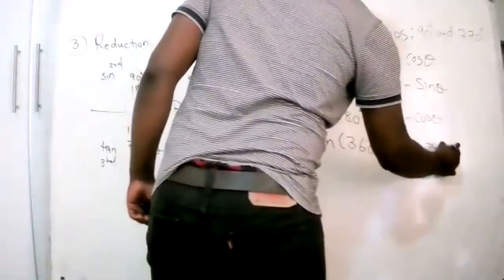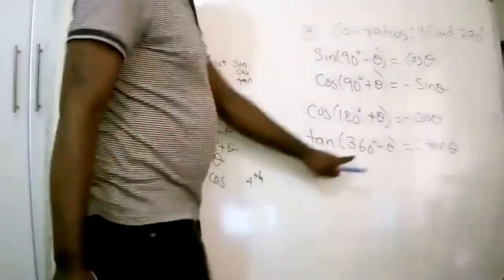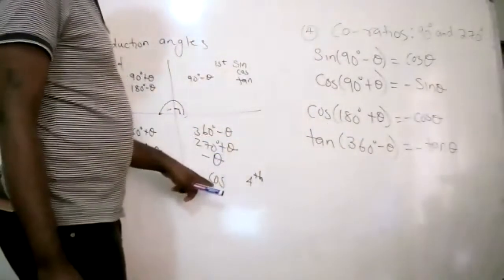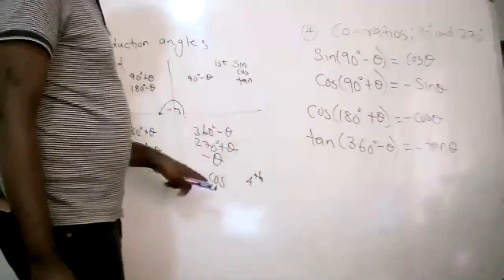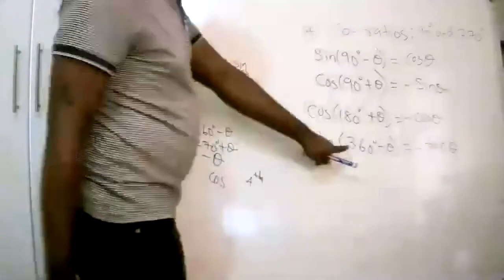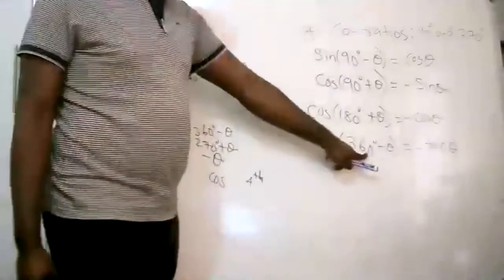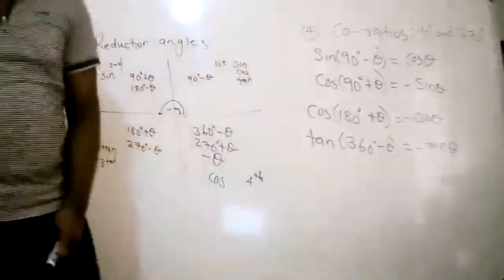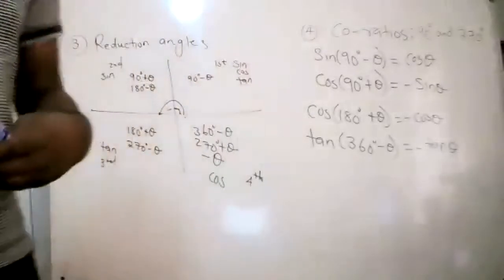So we check the quadrant. 360 degree minus is on the fourth quadrant, and on the fourth quadrant, cos is positive, but here we have tan, therefore we have to have a negative. And then we check which angle we have here. We have 360, which is not a co-ratio, therefore tan is not going to change, hence we have negative tan theta. I hope that explanation is clear.